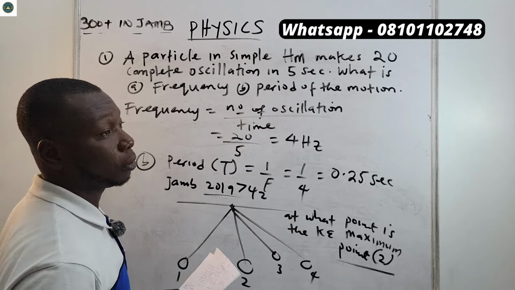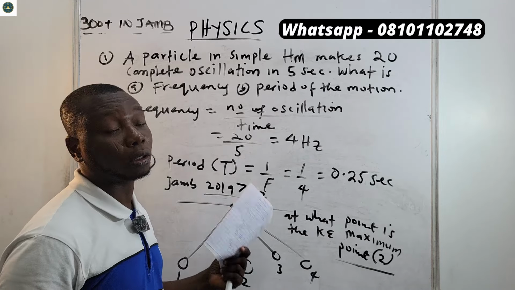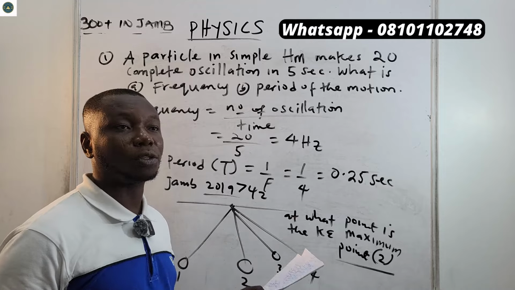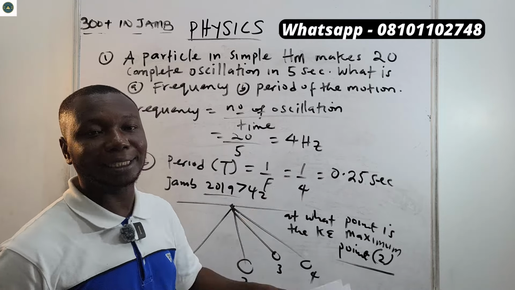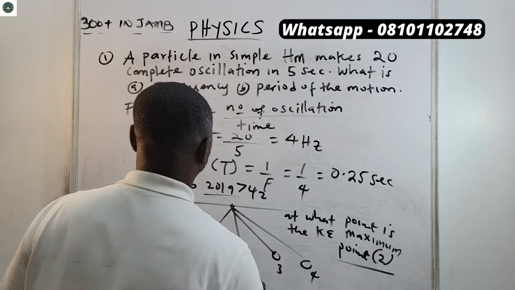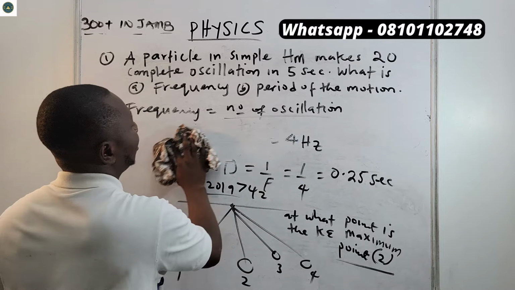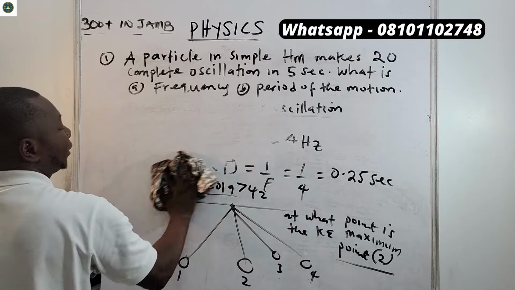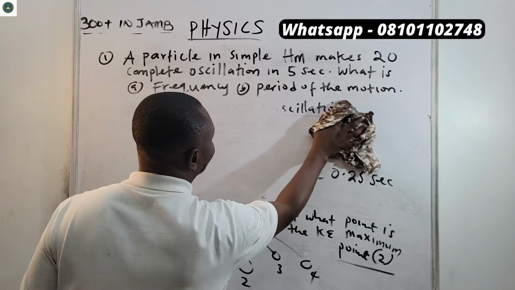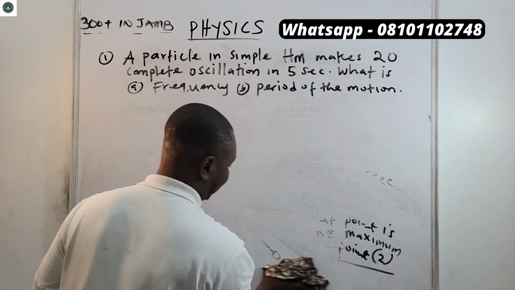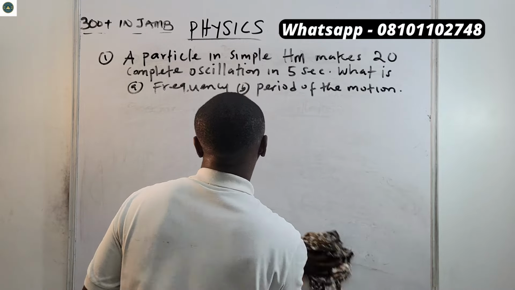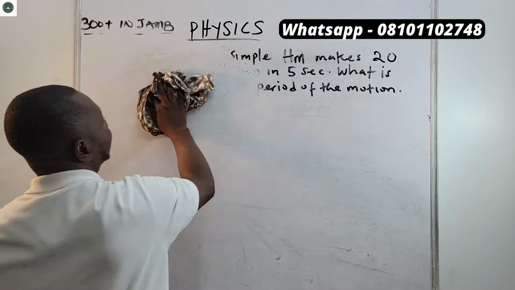A good example is your wall clock. The seconds and minute hands are moving around in circles, around their axis. So that is angular. The restoring force at that point is the torque, because it's moving around a point. So you talk about the torque.